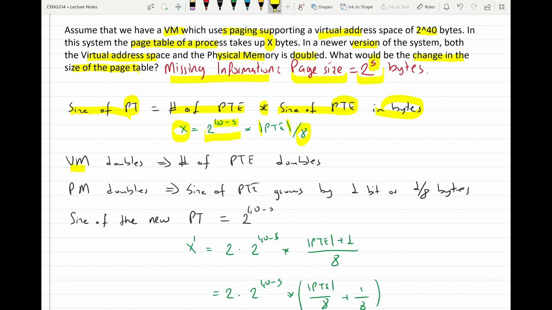Now when we double the virtual memory system, then automatically the number of the page table entries doubles.